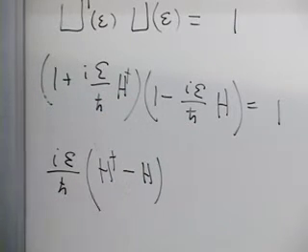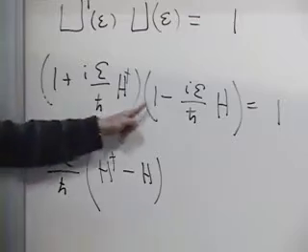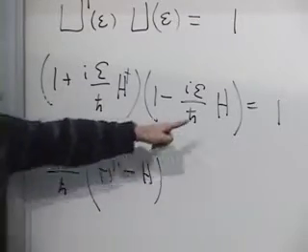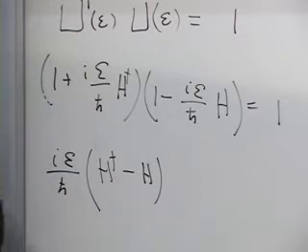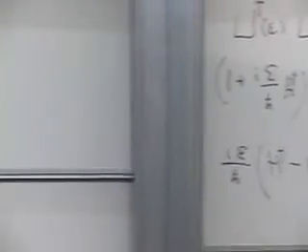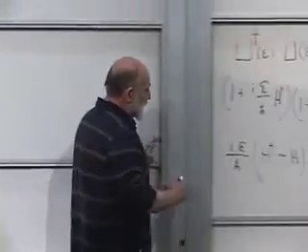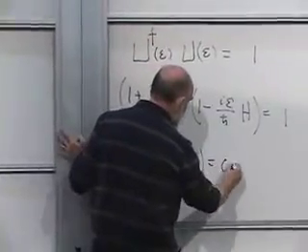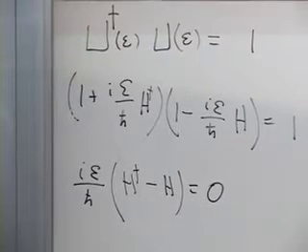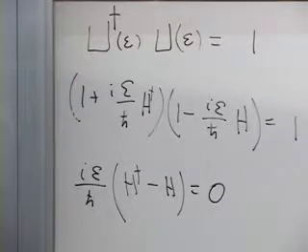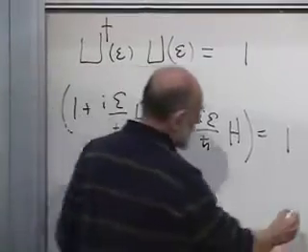Those are the two terms that appear here. Oh, we left out the 1. 1 times 1 is 1, but that cancels the 1 here. So the result is that the condition that U be unitary is the condition that H dagger equals H, or H dagger minus H equals 0. Same thing as saying H dagger equals H.